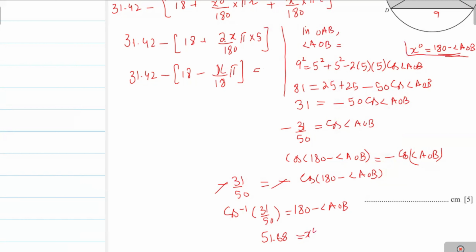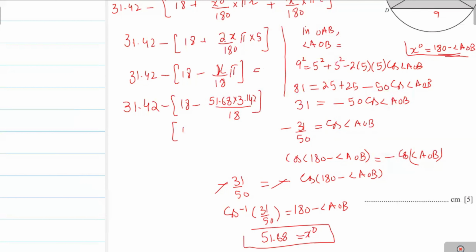We write here x degree equal to 51.68. We put the value here: 31.42 minus 18 plus x is 51.68 multiplied by 3.142 divided by 18. Sorry, this is the plus sign.